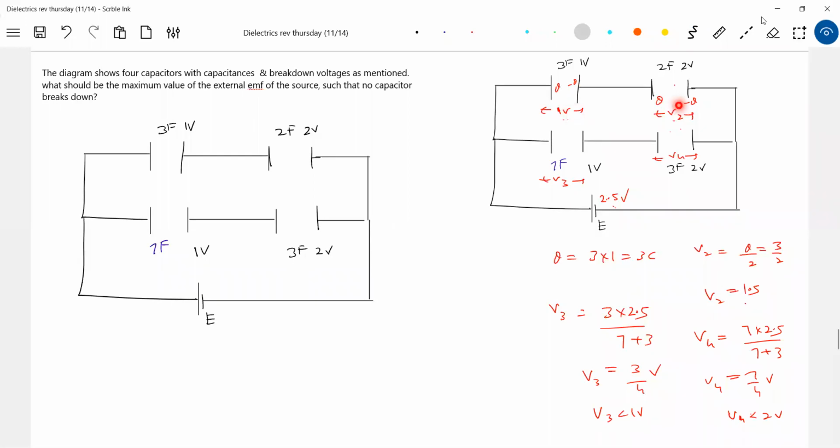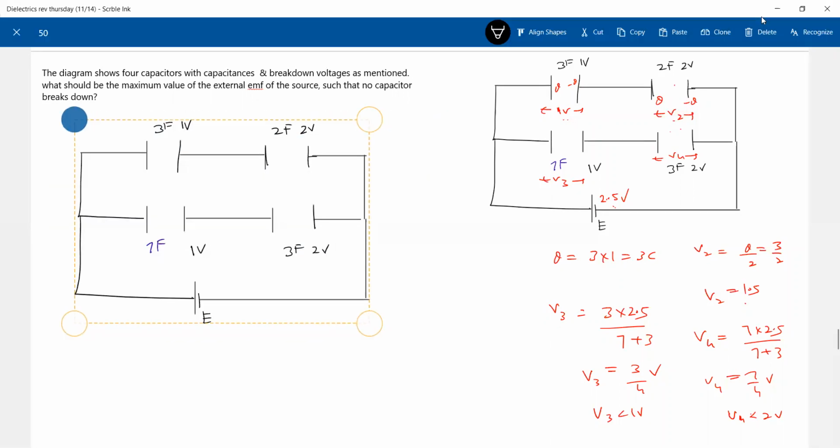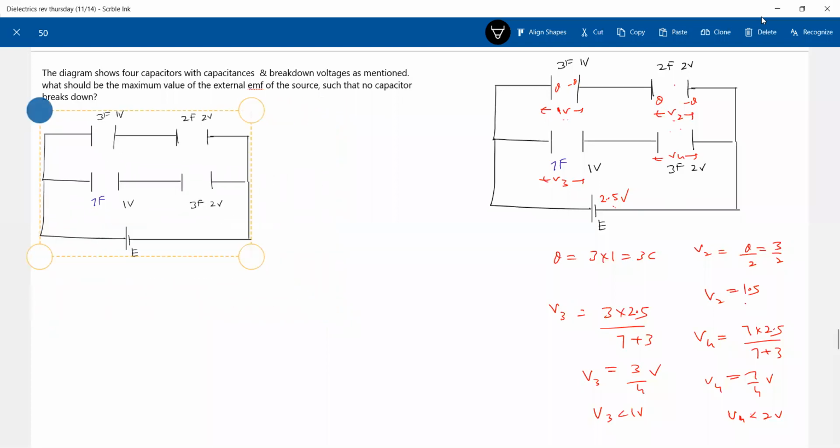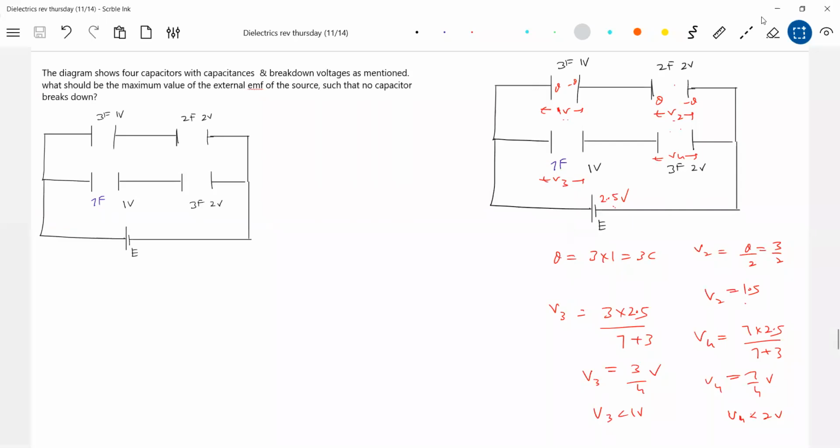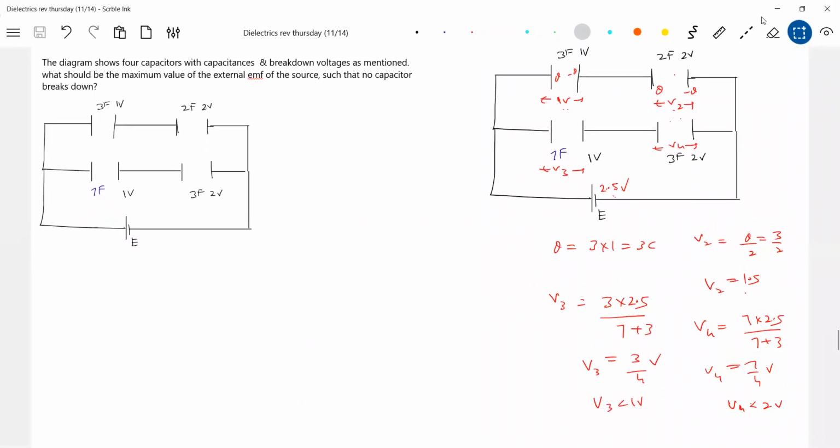Okay, we do one thing. Start from here. Then nothing wrong. You can ask even the teacher like this, sir, why have you chosen that capacitor only? Why don't you choose this? Okay, you do like this one.